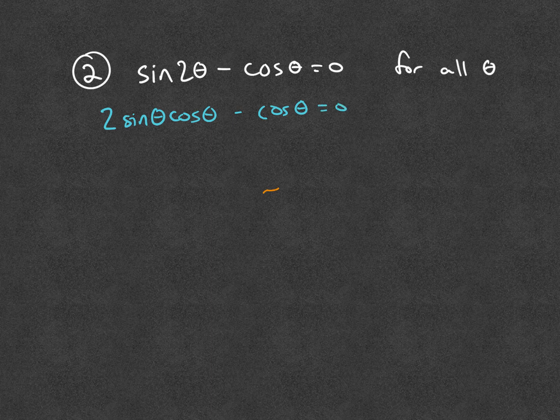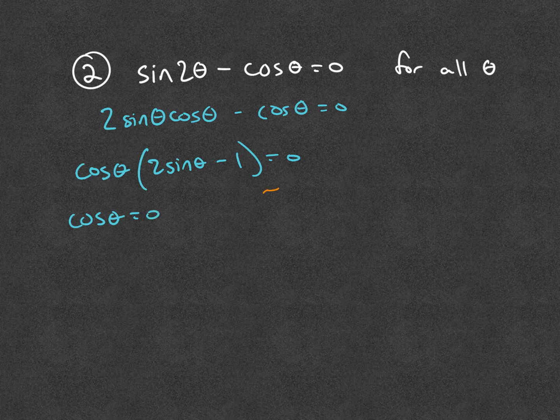This time my factoring is a GCF. I can factor out that cosine theta. So cos theta times 2 sine theta minus 1 equals 0. So I get cos theta equals 0 and sine theta equals 1/2.